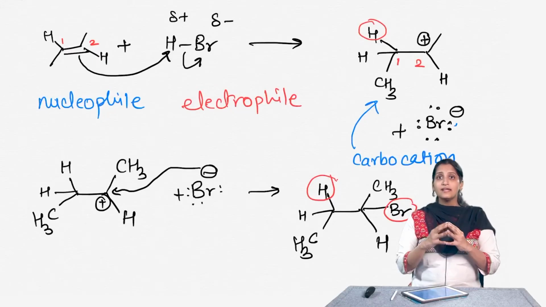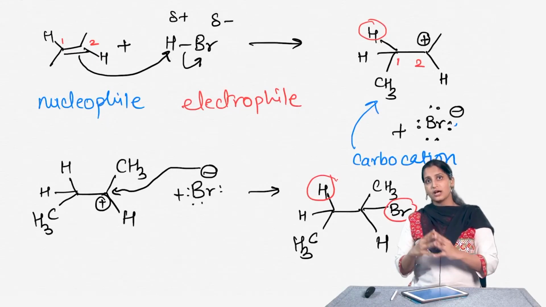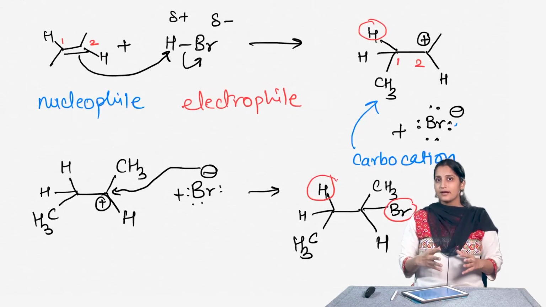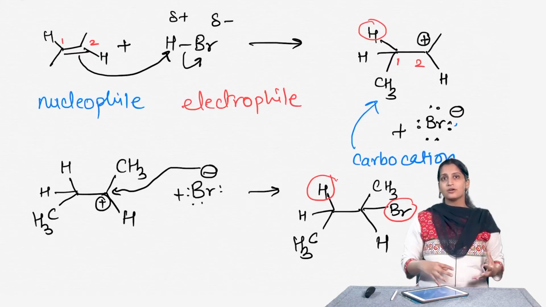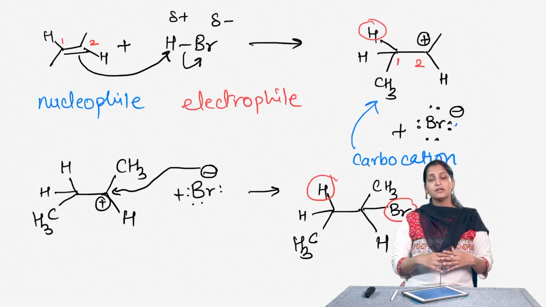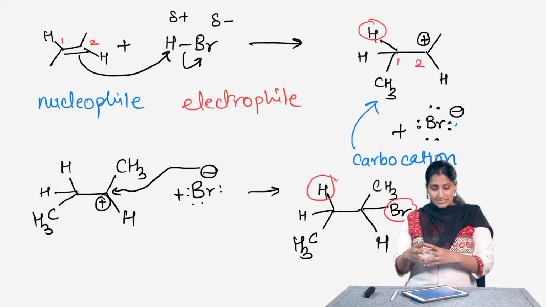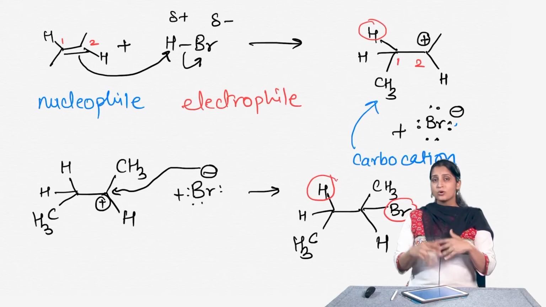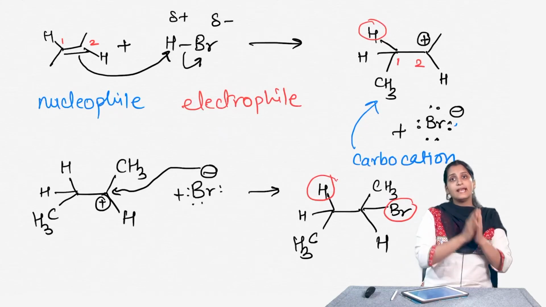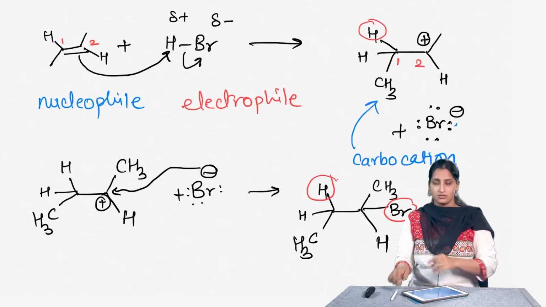Since we have added an electrophile to the carbon-carbon double bond, in our case the addition of electrophilic H plus happens towards the alkene in the first step, right. So, our first step which was the addition of an electrophile, so this whole reaction is termed as an electrophilic addition reaction. Okay.